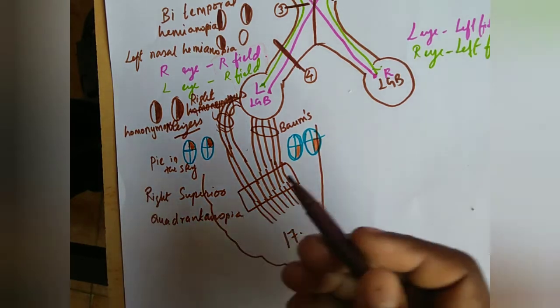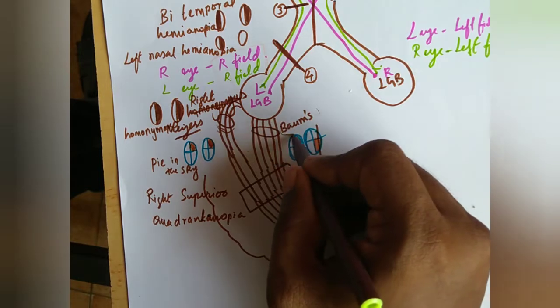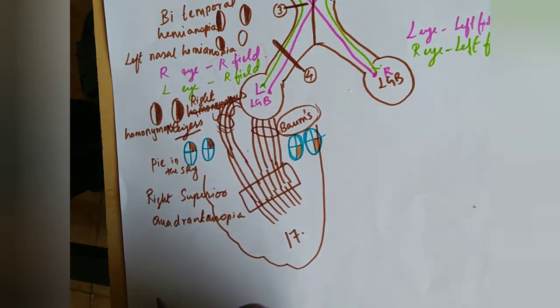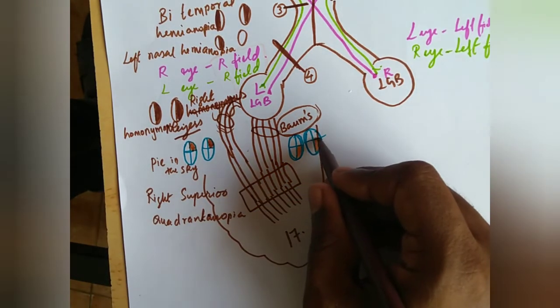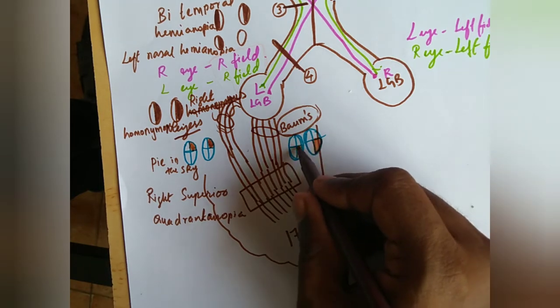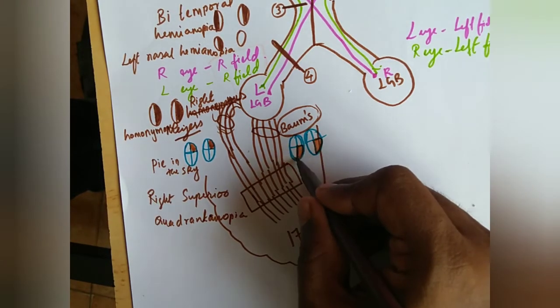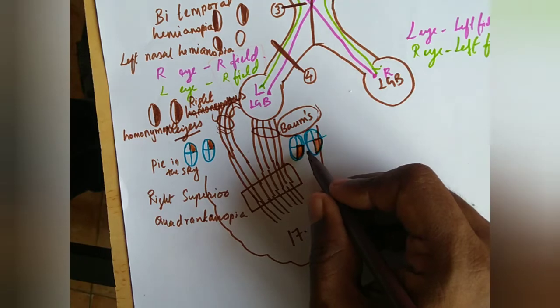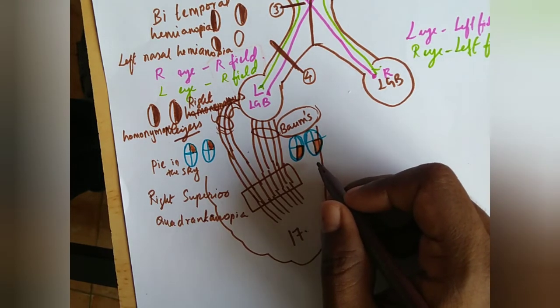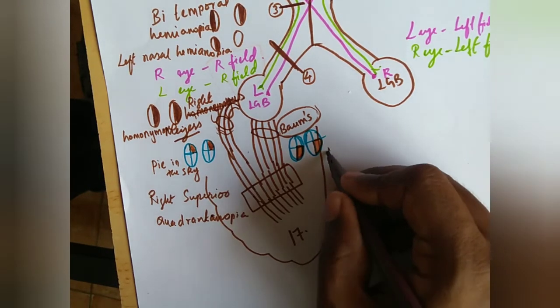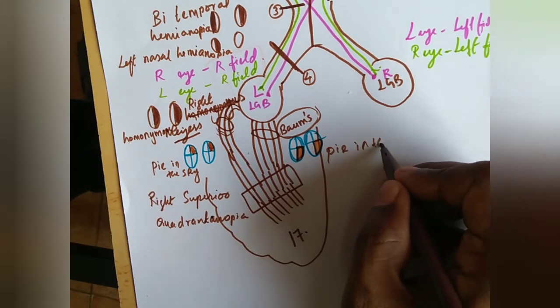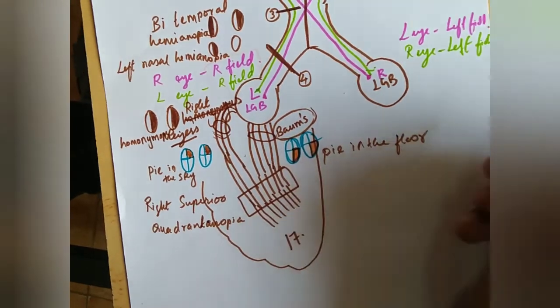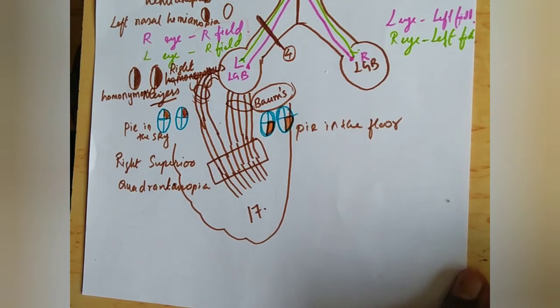Similarly, if it is happening in the Baum's fibers, you can see this is the right inferior quadrant, only a lower part, a pie, is affected. So this can be called pie in the floor.